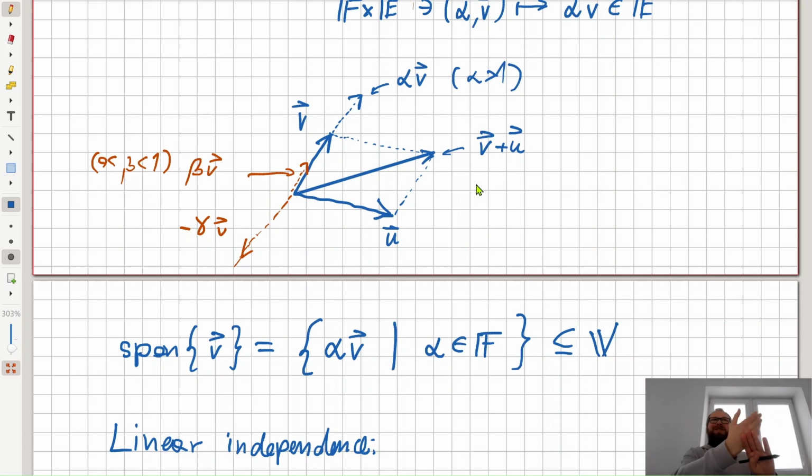The third dimension. I would have to add another dimension. And then again, I will get another span from this third dimension, and then combine all the V, U and let's say W, and then I will get a span of everything else in the whole volume, right? Not only in the plane.